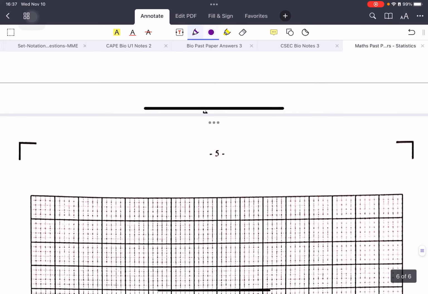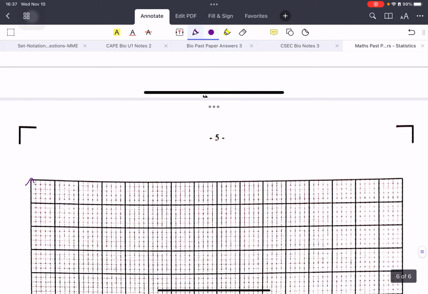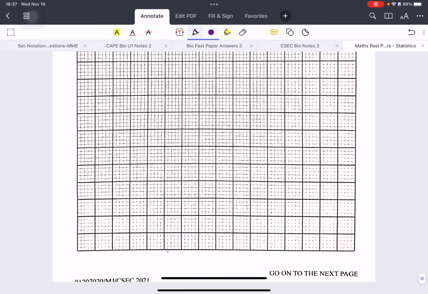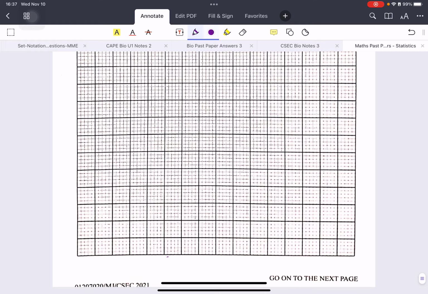Just so you know, let's label our axes. The vertical axis here is going to be our cumulative frequency, right? Cumulative frequency. And it goes all the way to 80. So our scale should be probably 5 for each block, right? Let's see if that will work.